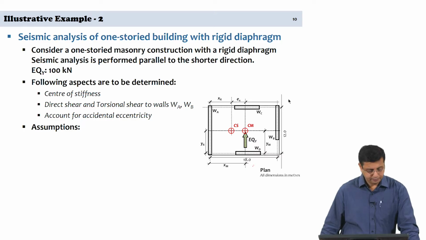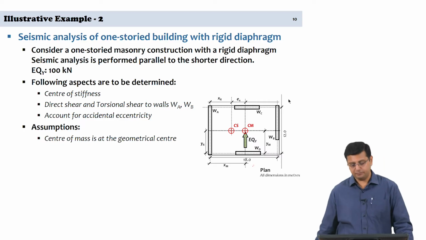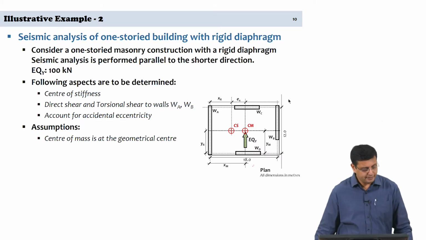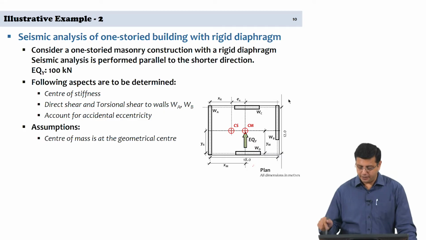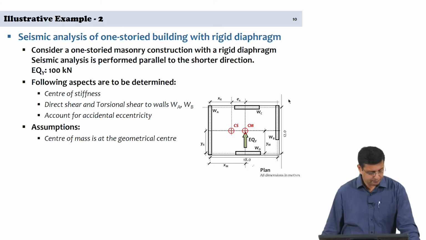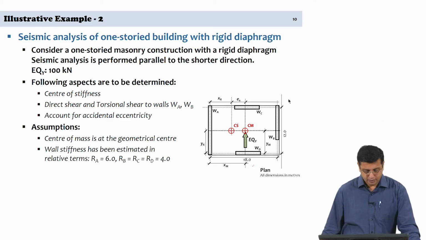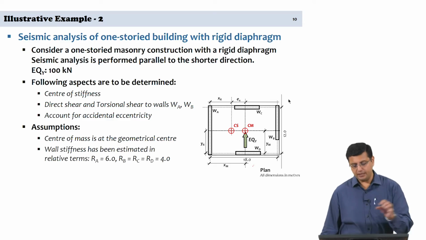Assumptions: the center of mass is at the geometrical center, so we are assuming that the center of mass is at the geometrical center of the plan, 18 meters by 12 meters, and the wall stiffness is estimated for you.